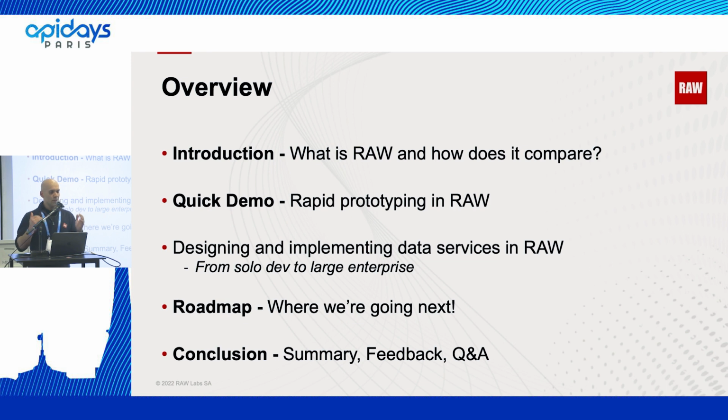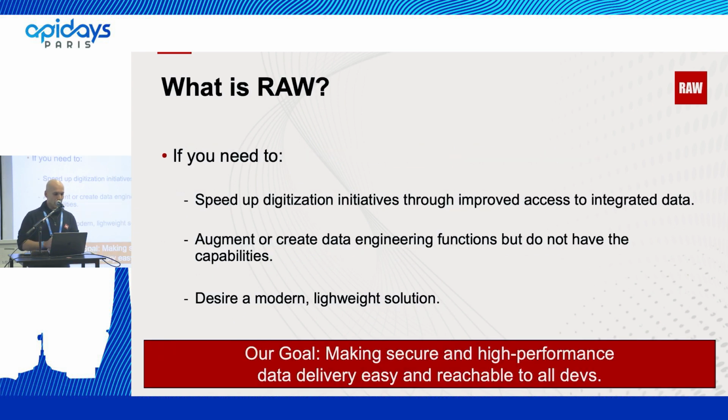Then we'll take a step back, now that you have a much better idea what this is about, and talk about designing and implementing data services in Raw. We'll cover the journey from the solo developer, starting out and playing with the system, scaling up all the way to a very large enterprise. Then I'll share a bit of roadmap, because we want your feedback and to hear what you have to tell us, and then some conclusions.